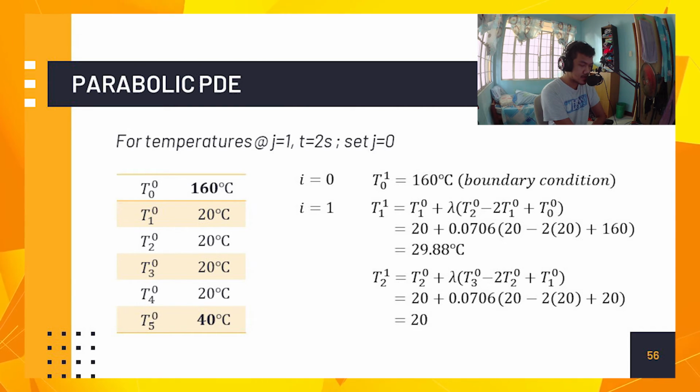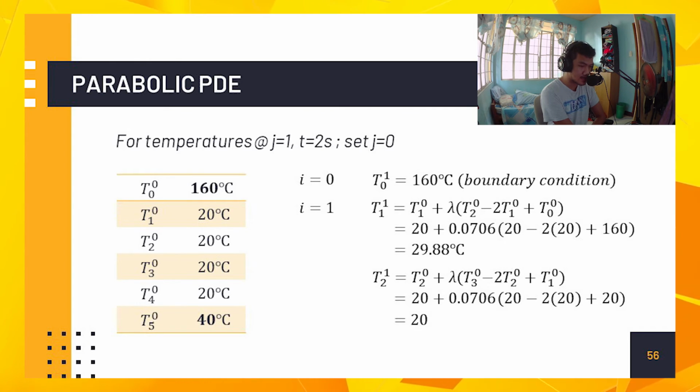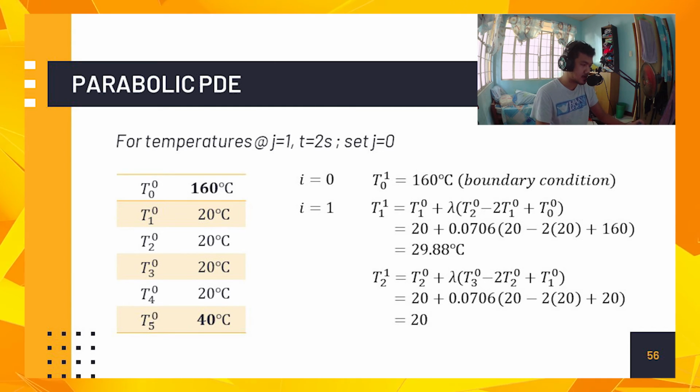For T sub 2 raised to 1, it is equal to T sub 2 raised to 0 plus lambda times the quantity of T sub 3 raised to 0 minus 2 T sub 2 raised to 0 plus T sub 1 raised to 0. By substituting the values, we will have 20 plus 0.0706 times the quantity of 20 minus 2 times 20 plus 20, and that will give 20.